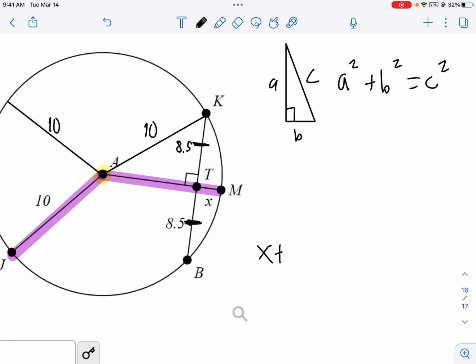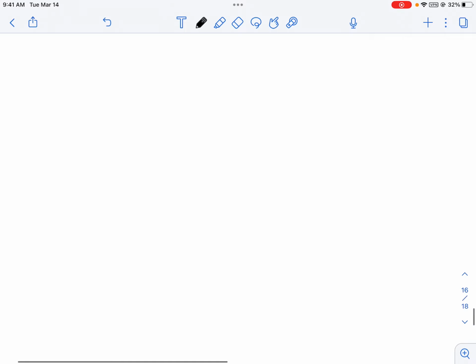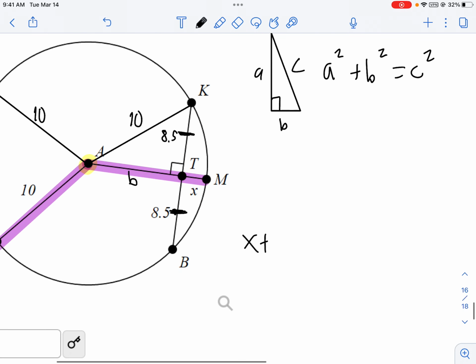That means x plus, I'm going to call that b, equals 10, because that is a radius. So if we use this length and that length, we can solve for this one right here. And we know that that length plus our little x has got to be 10 because that is a radius that goes from the center to the outside of the circle.